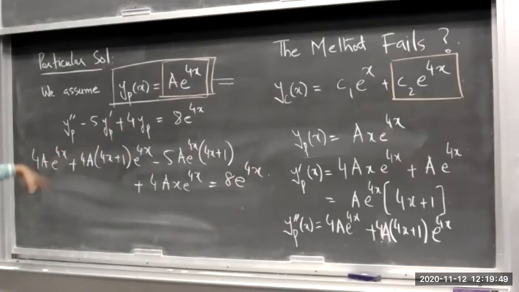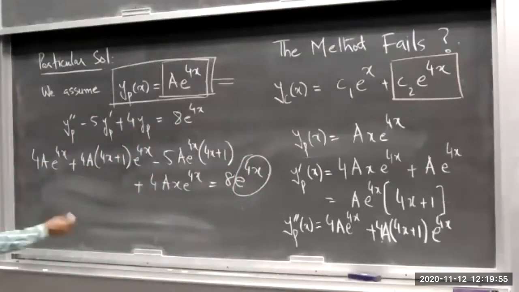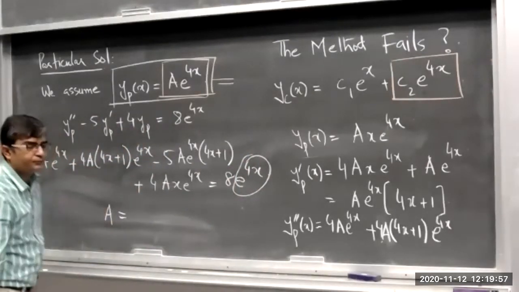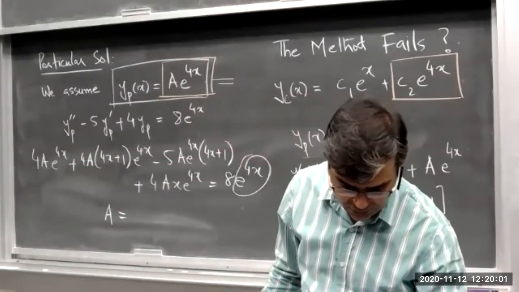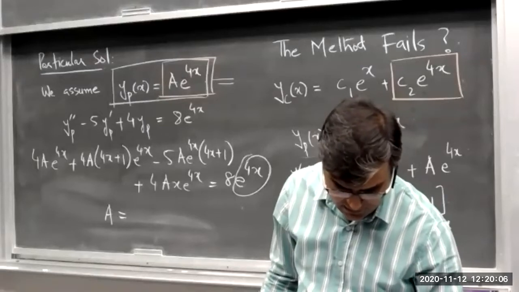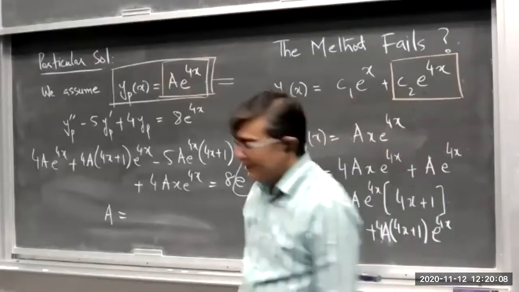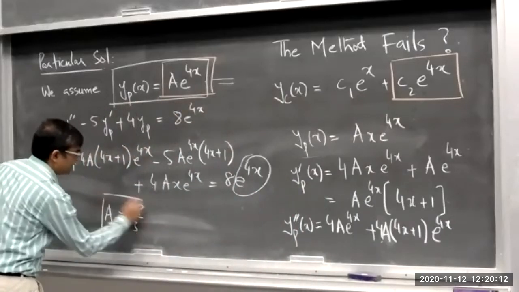Now, simplifying this and comparing the coefficients of e raised power 4x on both sides, we obtain a is equal to 8 by 3.